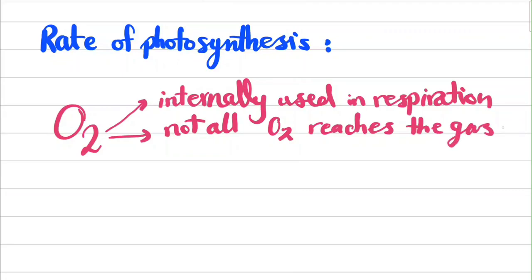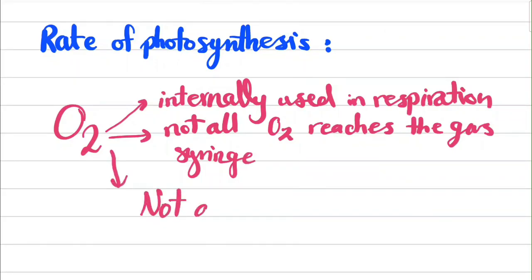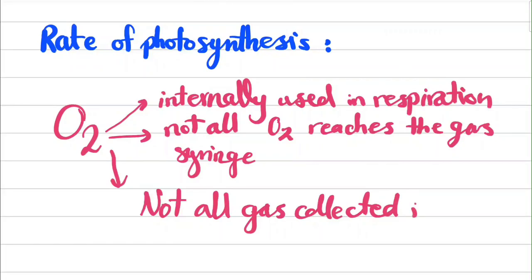Not all of it can reach the gas syringe. And last but not least, a point about oxygen: not all gas collected is oxygen. Not all of it is. Okay? These were some points.